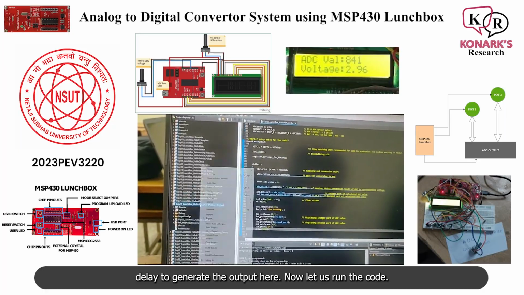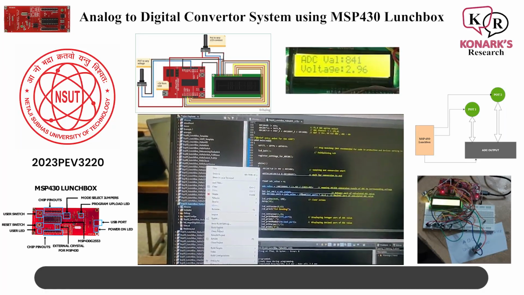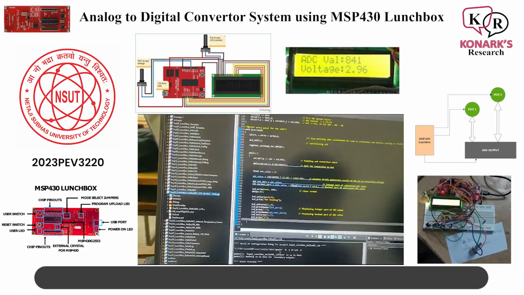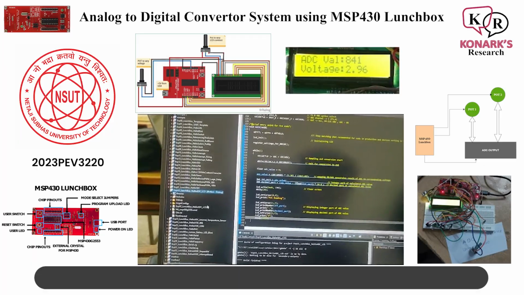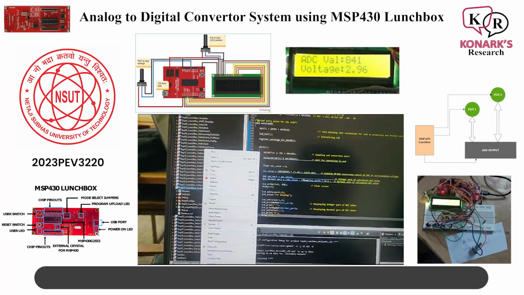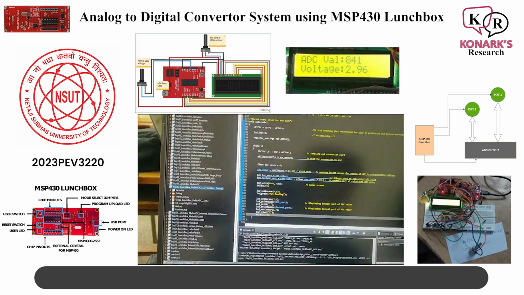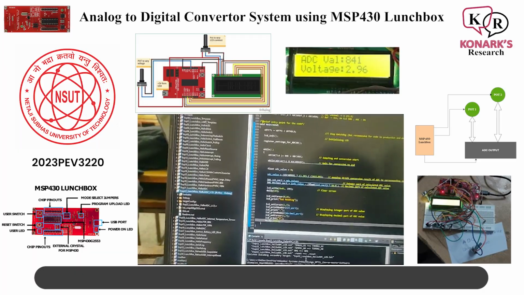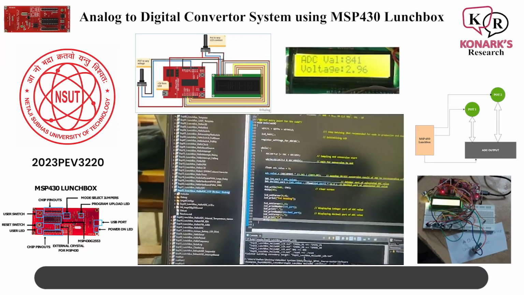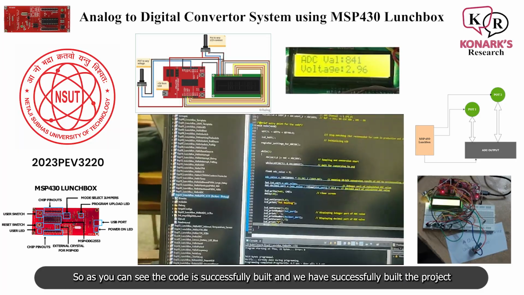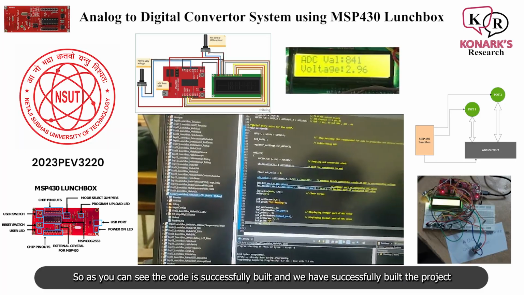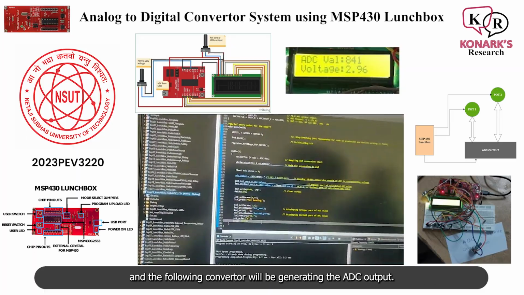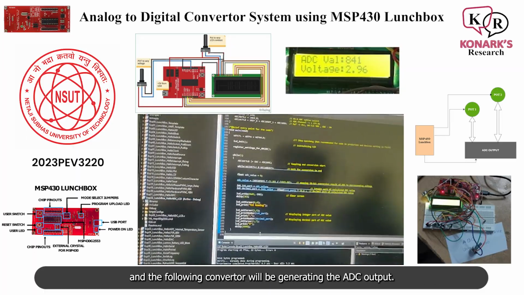Now let us run the code. As you can see, the code is successfully built, and we have successfully built the project, and the converter will be generating the ADC output.